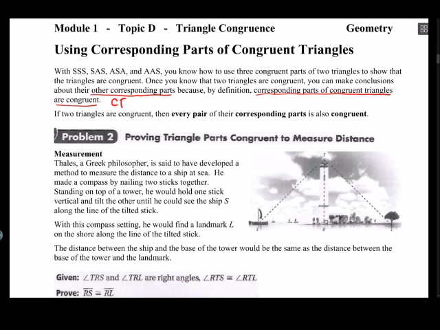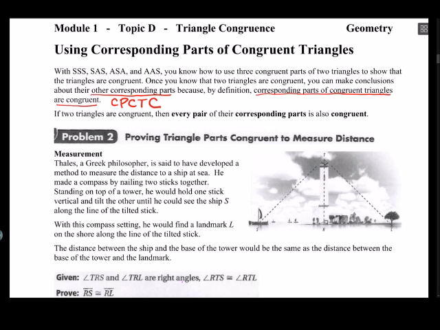And we're going to refer to this as CPCTC. Another fun one. And you are welcome to write out corresponding parts of congruent triangles are congruent, or you can use CPCTC. Now this is not only for triangles. We could also say that corresponding parts of congruent polygons, congruent figures, congruent quadrilaterals, hexagons, pentagons.